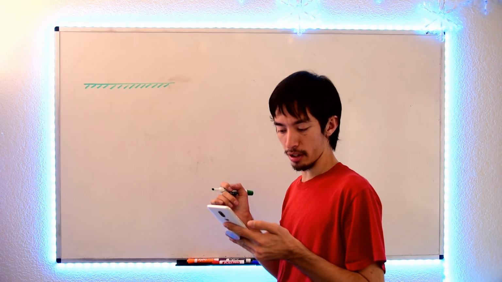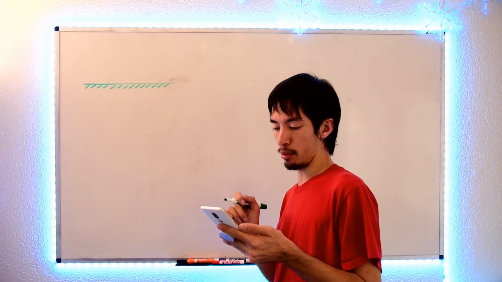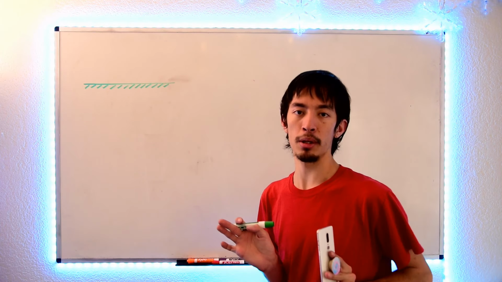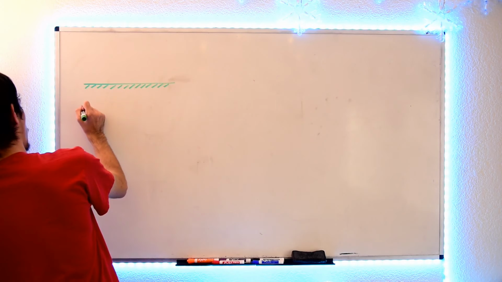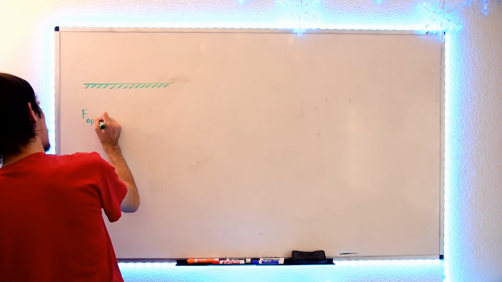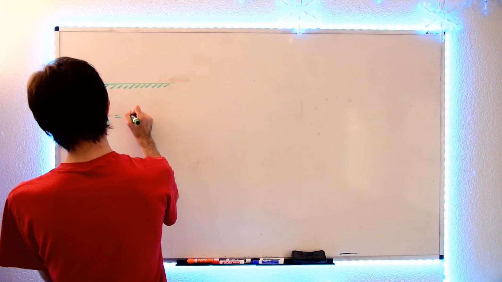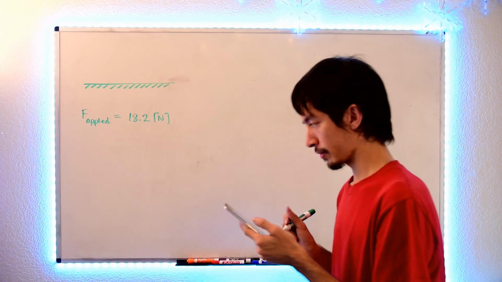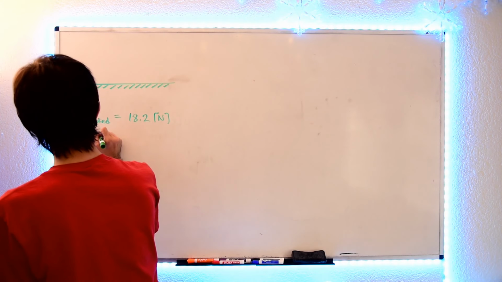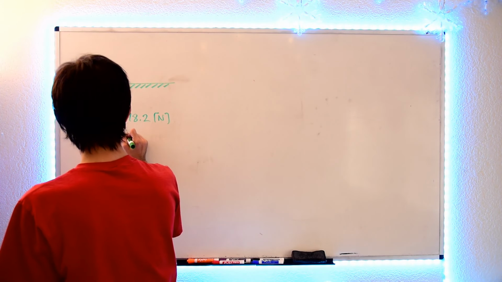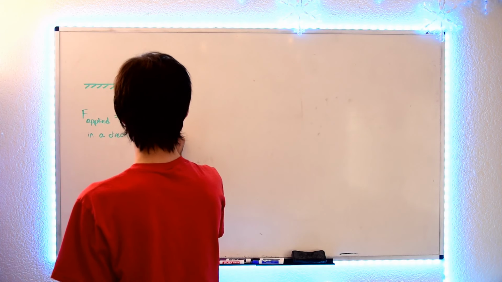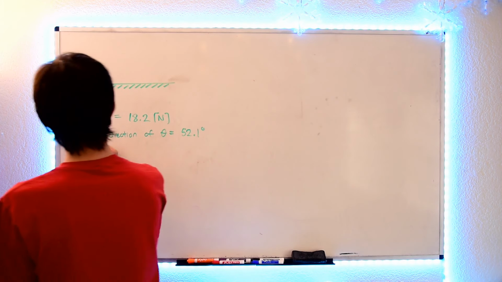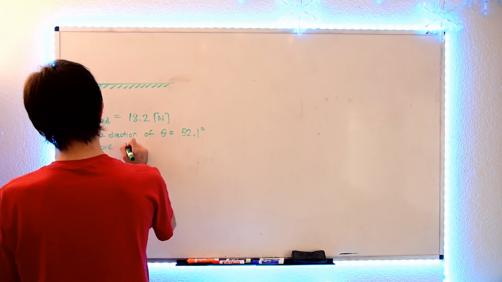So they push the cart with a force of 18.2 newtons. If they're pushing the cart physically, let's call that an applied force. Okay, the force applied is 18.2 newtons, and then in a direction of, let's call it theta equals 52.1 degrees above horizontal.